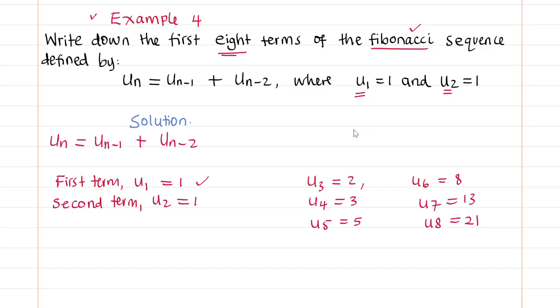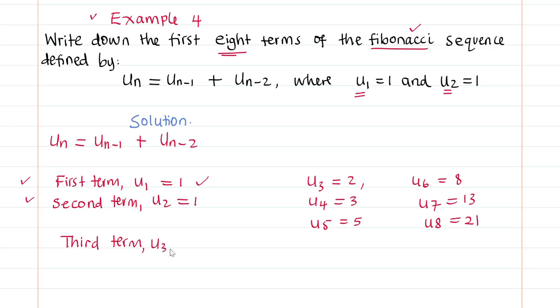So what I am going to do, which gives us the same answer, is we are given the formula u_n equals u_(n-1) plus u_(n-2). And here we have the first term and the second term. So for the third term, I want to show you an approach that does not need you to have crammed something.